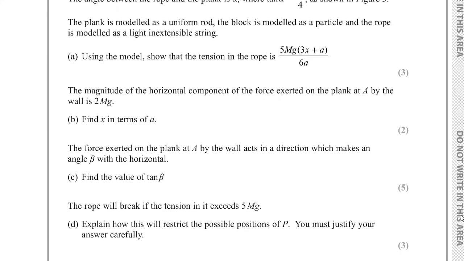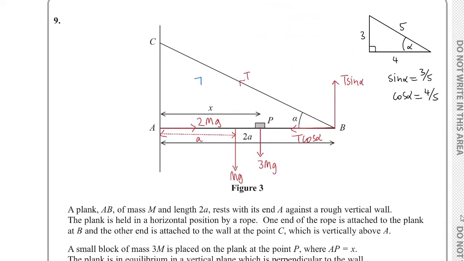So if we just revisit the diagram, we've got the force here that creates an angle β with the horizontal, and therefore we've got a vertical component here as well, which I will call F. Now the idea is for us to find the vertical component F, so that when we actually close the triangle here, that will be F, that will be 2 mg, and that will allow us to find tan β.